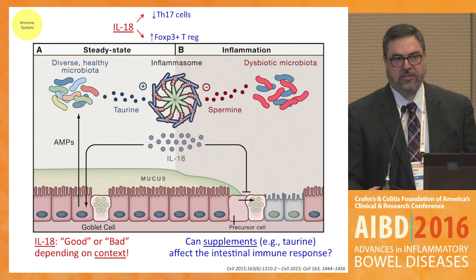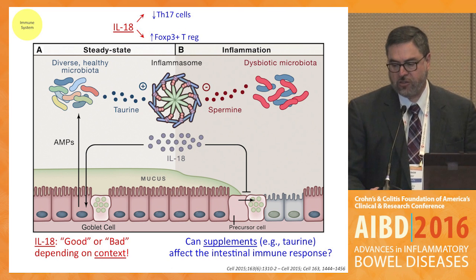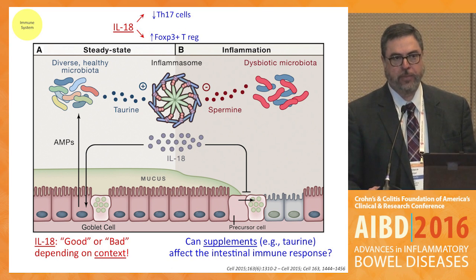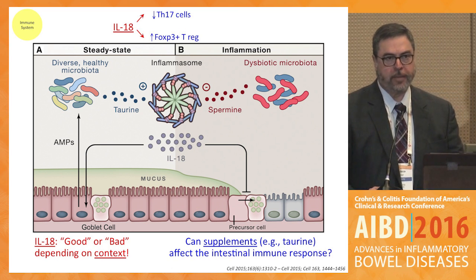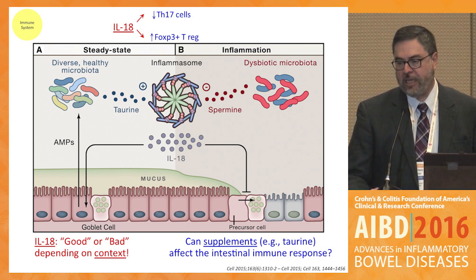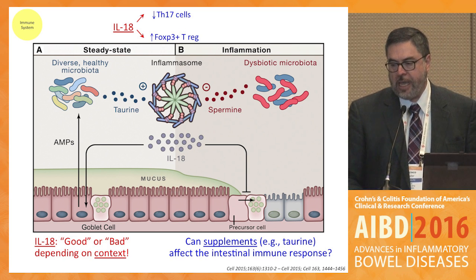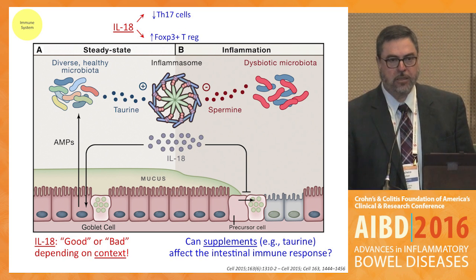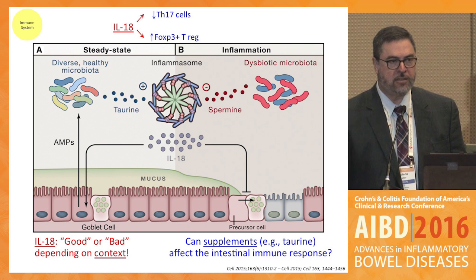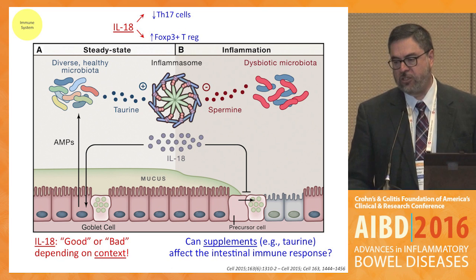Now, what is interesting is that IL-18, in addition to its effects on the microbiota through the antimicrobial peptides, can also affect the density of Th17 cells, which are pathogenic in IBD, and increase the concentration of FOXP3 positive T regulatory cells, which will keep inflammation in check.